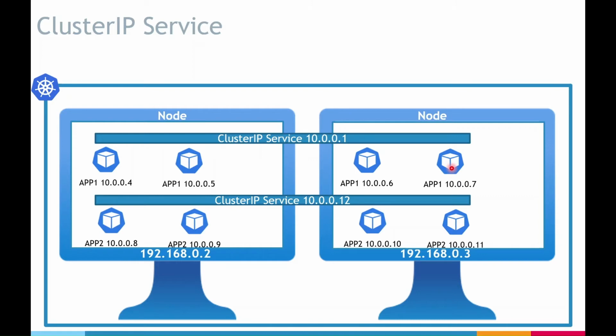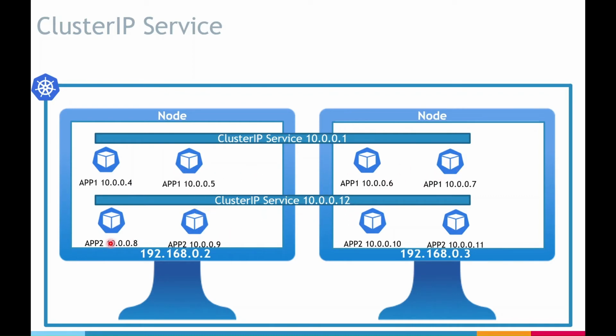But if the pod has multiple replicas, the cluster IP service would be shared among them, as in this case. So the pod with app 1 has 4 replicas, but the cluster IP service remains the same. And the cluster IP service can again load balance among all the pods.